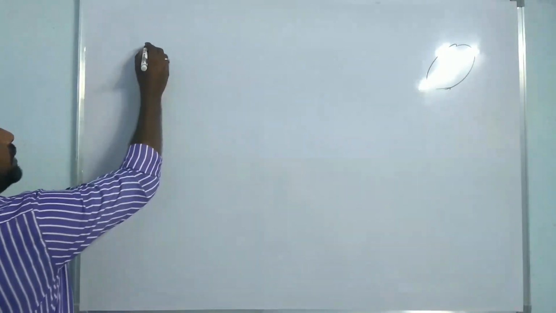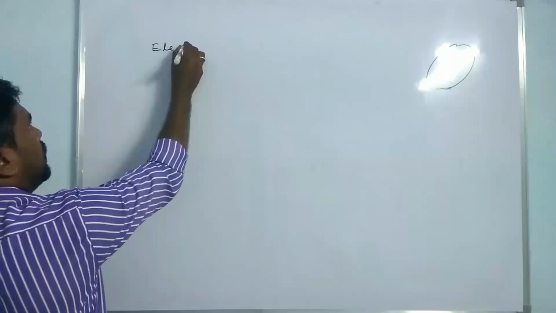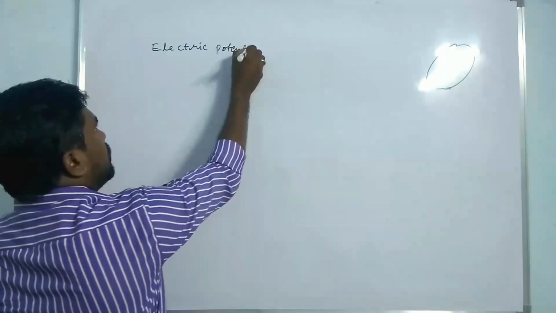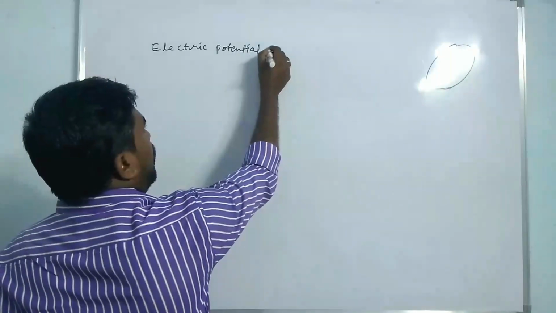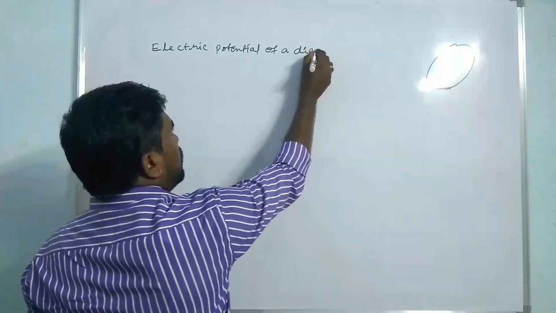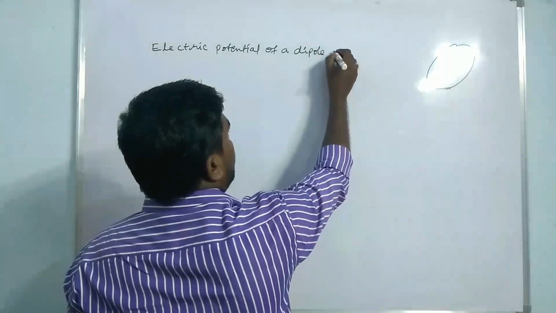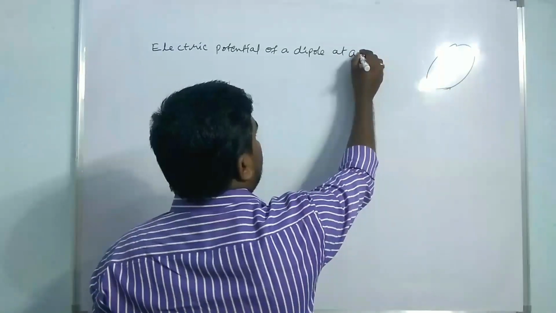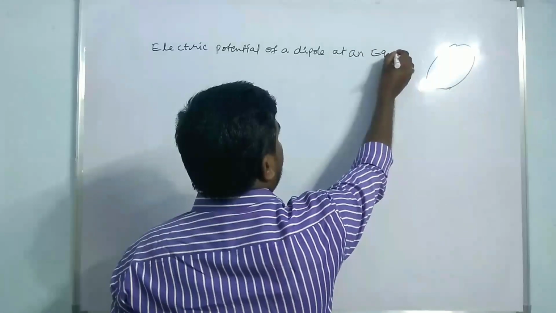Now let us find electric potential of a dipole at an equatorial line, equatorial point.